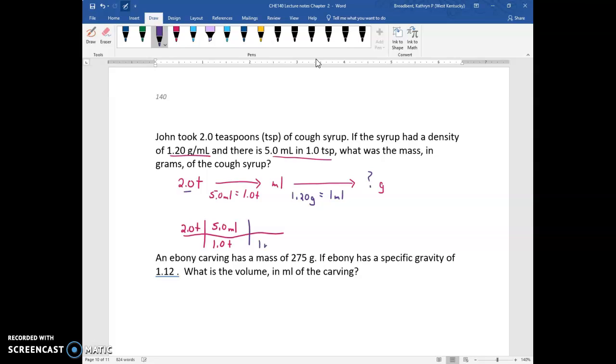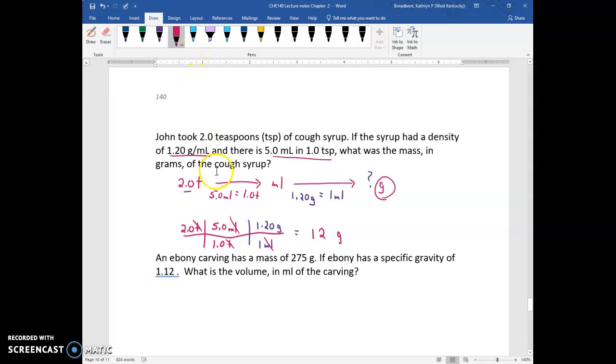So I'll put the 1 milliliter in the bottom and the 1.20 grams in the top. Now, teaspoons cancels, milliliters cancels, and we're left with grams for our units, and that's what we wanted, so that's good. If we do the math here, we take 2 times 5 times 1.2, we'll get 12 grams.